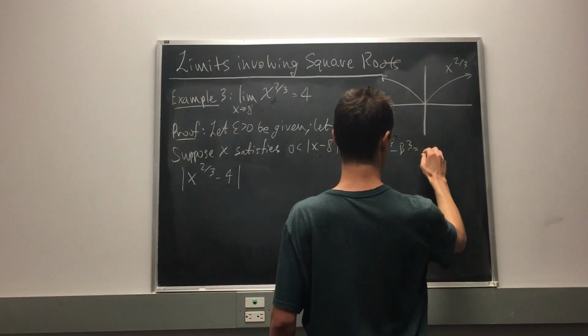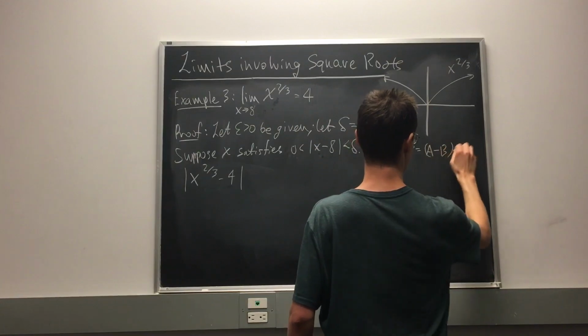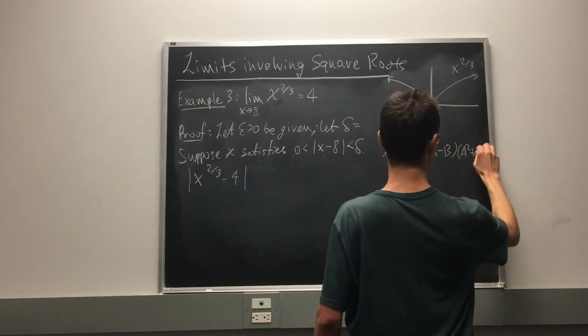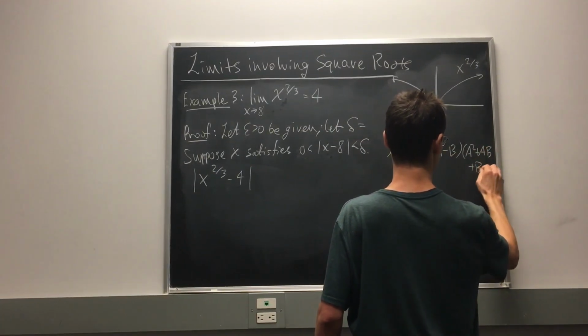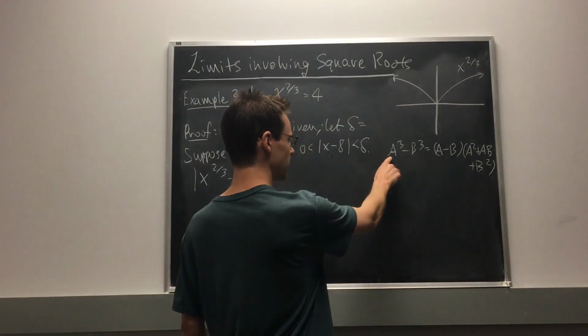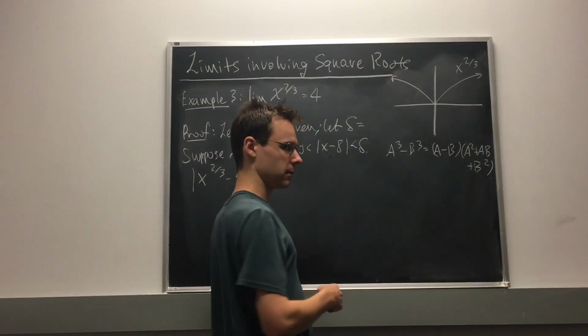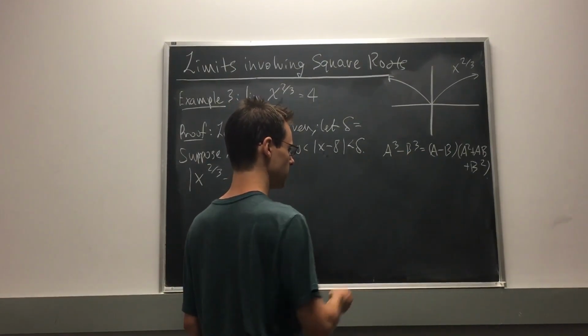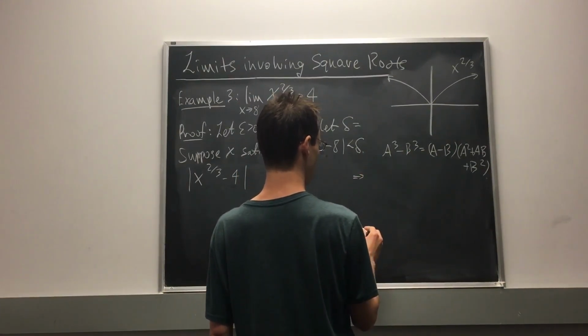What do we get? We get a minus b times a squared plus ab plus b squared. Alright? So if we replace now a with the cube root of a and b with the cube root of b, I'm just going to make that replacement, then what do we get?